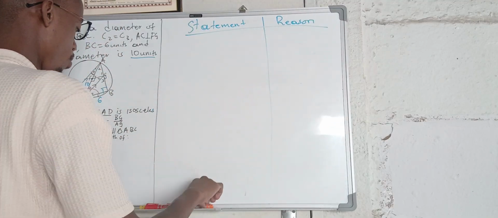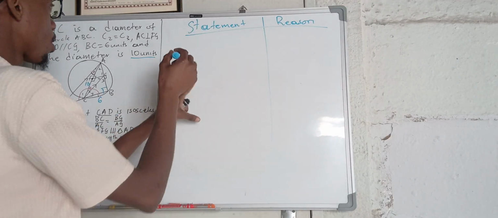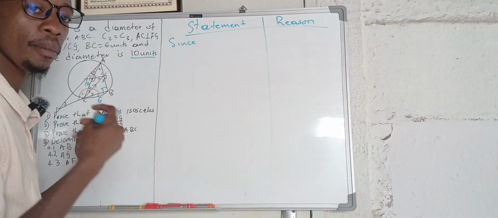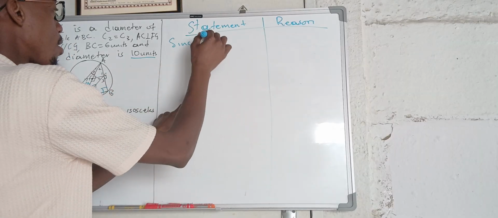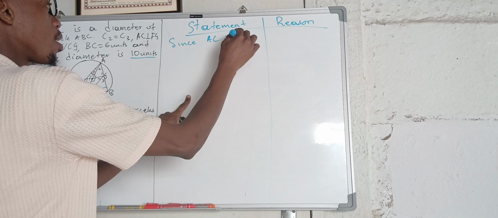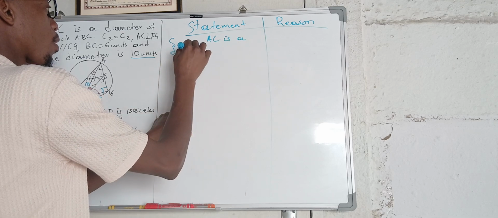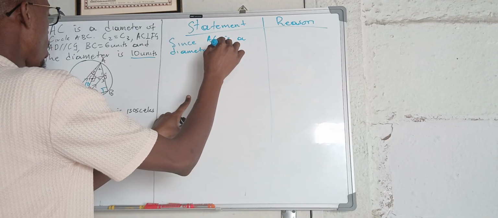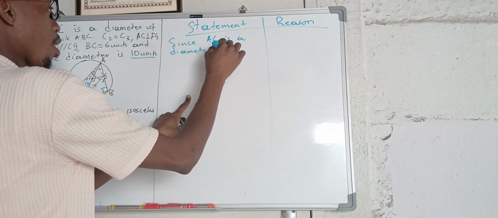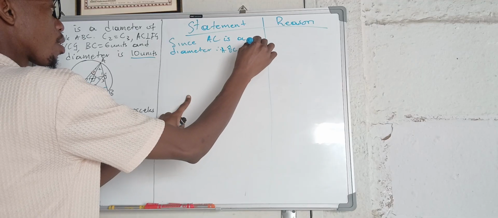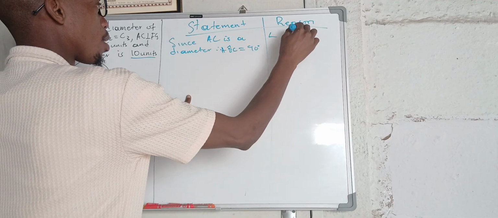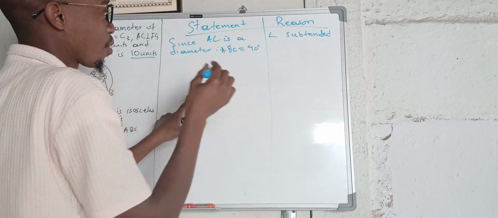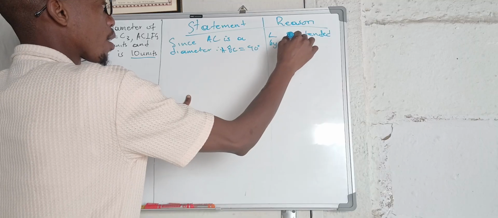Now, I don't know if maybe we have to write this, but I'm just writing it for you to understand it. Since AC is a diameter, therefore angle ABC equals 90 degrees, angle subtended by a diameter.